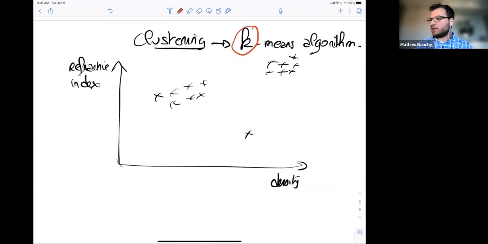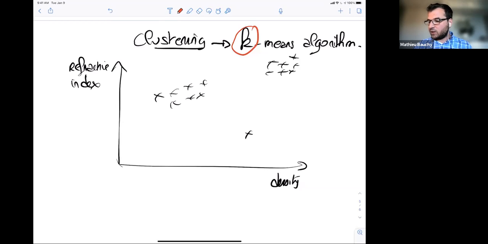So I'll tell you more about this once we start using this cluster in the Orange software in practice. There are some ways to find the number of clusters that best describes the data set. But at least in the basic version of the k-means algorithm, you have to first assume how many clusters you intend to find in this data set.